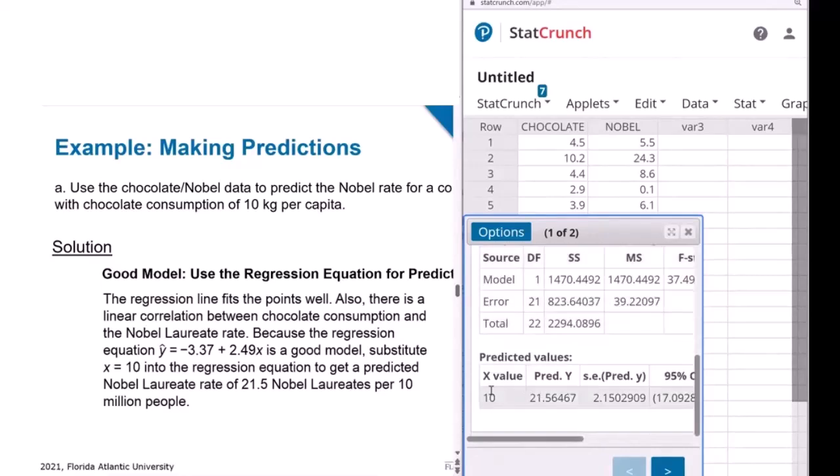But now we have predicted values. When X is 10, Y hat is equal to negative 3.37 plus 2.49 times 10. We can just plug it in and we get our predicted value of Y, which is 21.6. They round it and we're using the full values, so that's making a little difference.